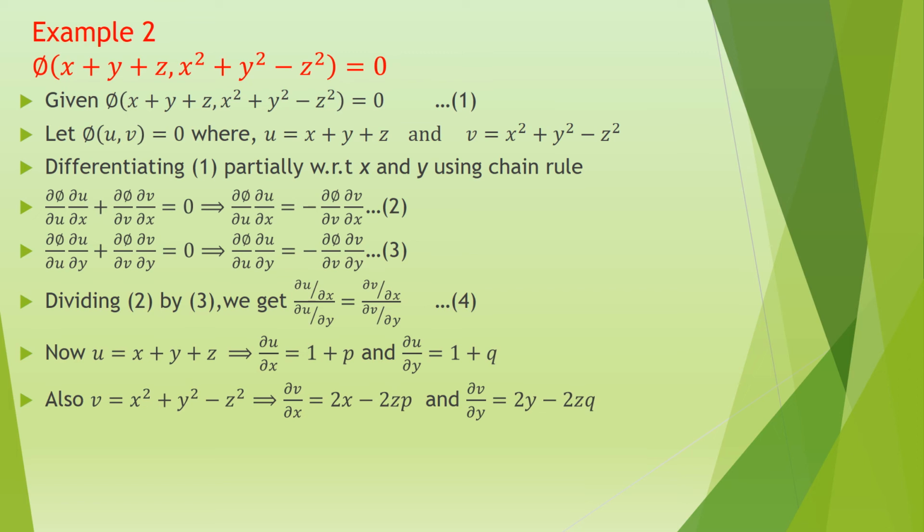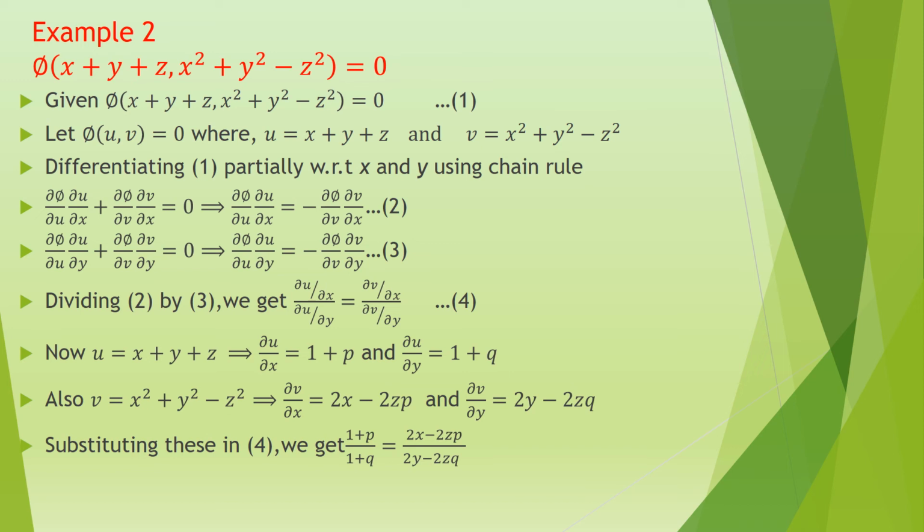Similarly, ∂v/∂y, how to find? Derivative of x square is 0, derivative of y square is 2y, minus derivative of z square is 2z into ∂z/∂y, that is q. So substituting this in equation number 4, we get ∂u/∂x, that is 1 plus p, divided by ∂u/∂y, that is 1 plus q, equal to the right side ∂v/∂x, that is 2x minus 2zp, divided by ∂v/∂y, that is 2y minus 2zq.